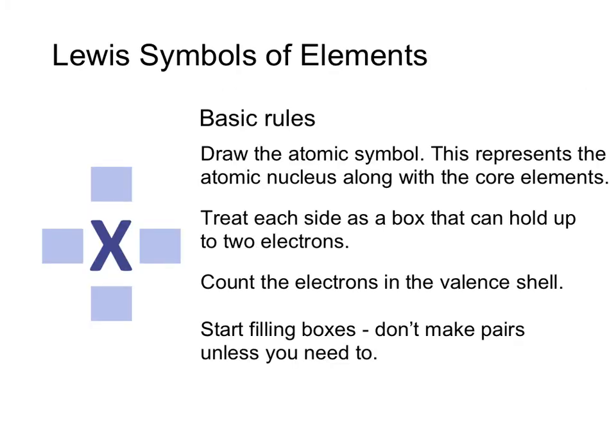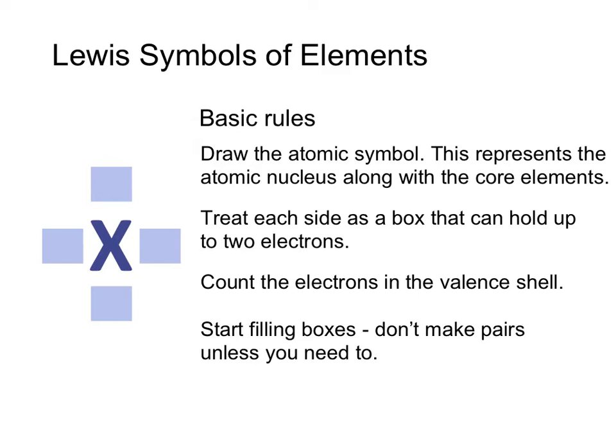When we're writing the Lewis symbol of an element, we begin by just writing out the atomic symbol of the element, in this case generic element X. This would represent the nucleus of the element along with all of the core electrons. We then look at 4 different regions around the element as areas where electrons would go.